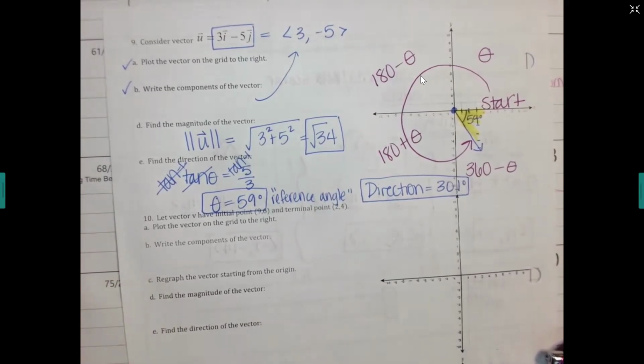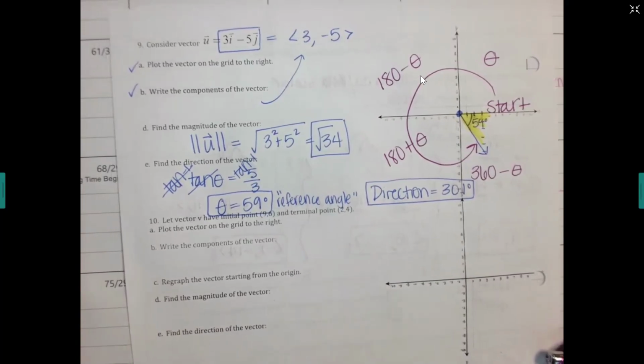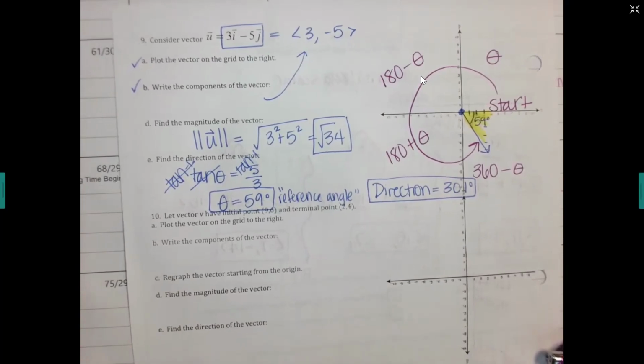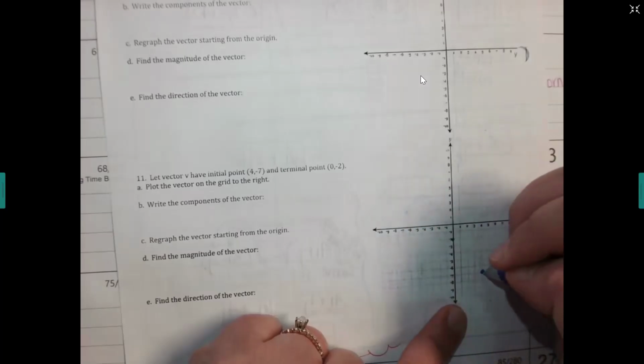All right, we're gonna do one more question and then we're done with notes. Let's do the very last one, please. Okay, so it says, let vector v have the initial point 4, -7 and the terminal point 0, -2. So on your computer, you would start at 4, -7, and you would click and drag to 0, -2.